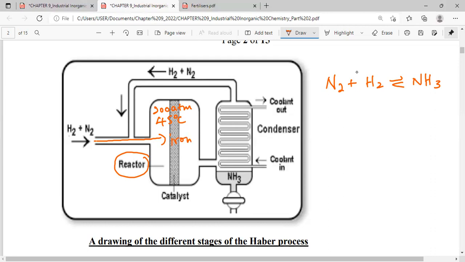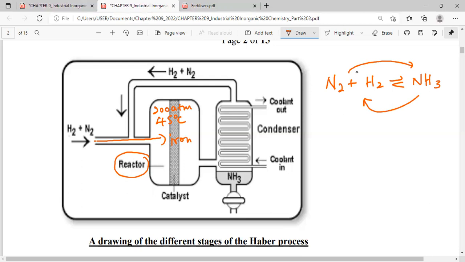So what happens? The reaction takes place. Nitrogen, hydrogen, and ammonia, all three are gases. Reversible reaction means the reactants are forming the product and the products are also forming the reactants. So there will be a mixture of all three gases at one time. Ammonia will be formed, and at the same time some ammonia will decompose.